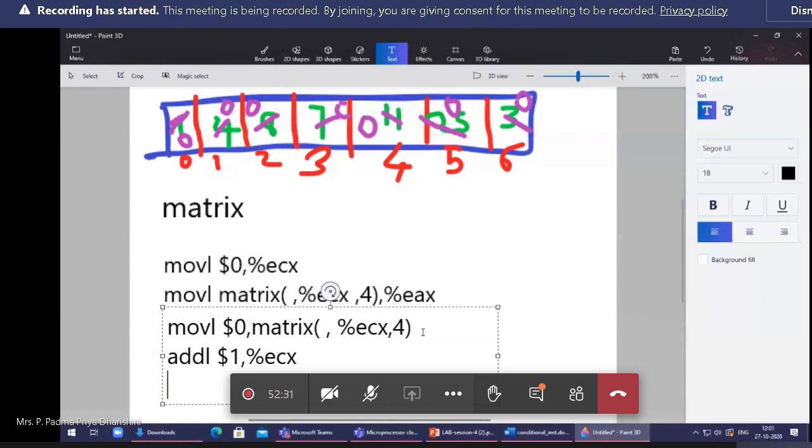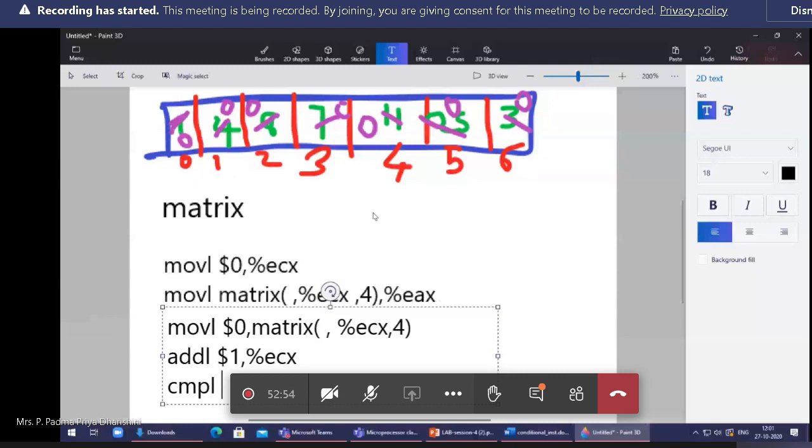So now we have to compare %ecx. With which value do we have to compare? So we have to compare it with the size of the array. Do we have to compare it with 6 or 7? Which value do we have to compare?